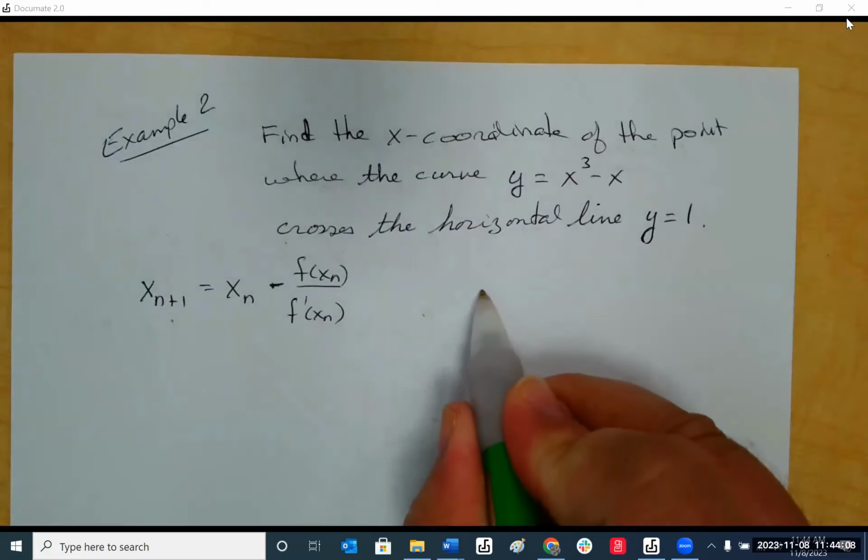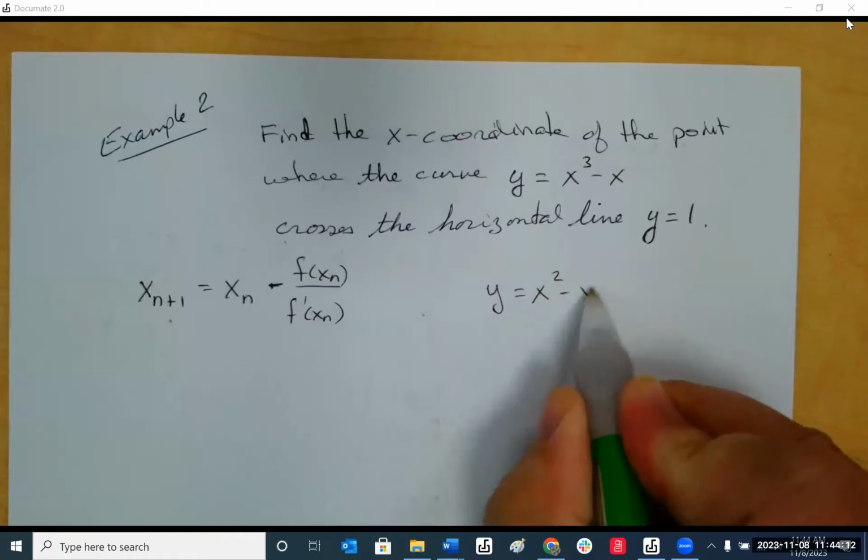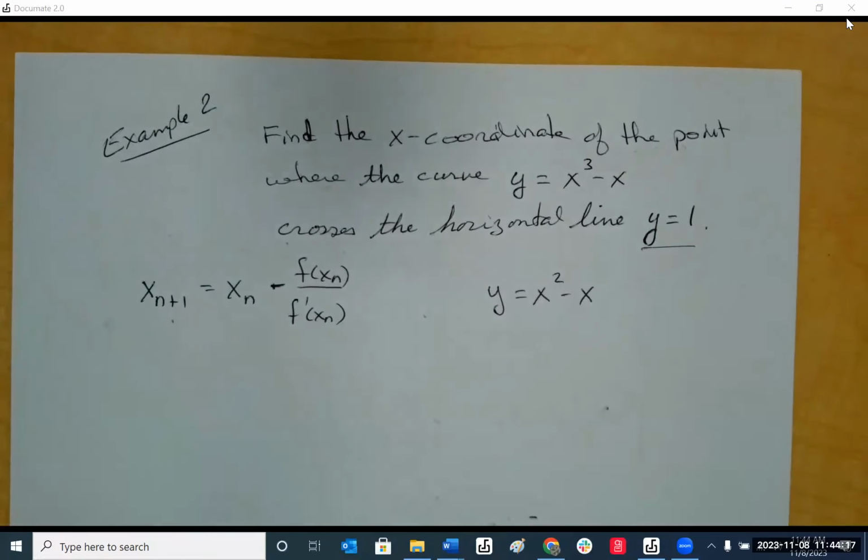In this case, we're setting the function equal to 1.